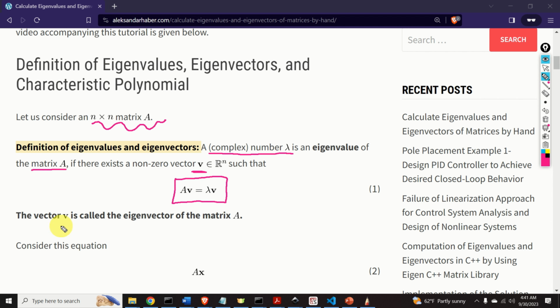The vector v is called the eigenvector of the matrix A. Let us write this equation once more. We have A multiplied by the vector v should be equal to lambda times v. Over here, v is the eigenvector and lambda is the eigenvalue. Lambda can be a complex number, as well as the entries of the eigenvector.